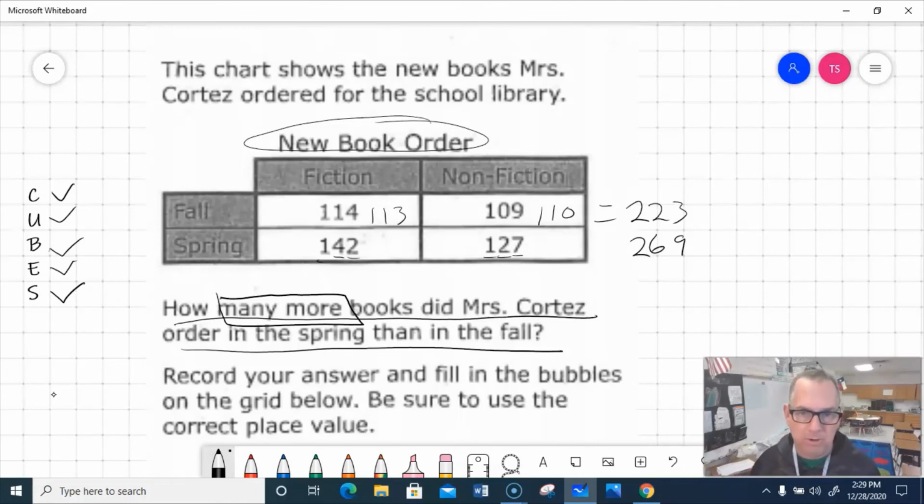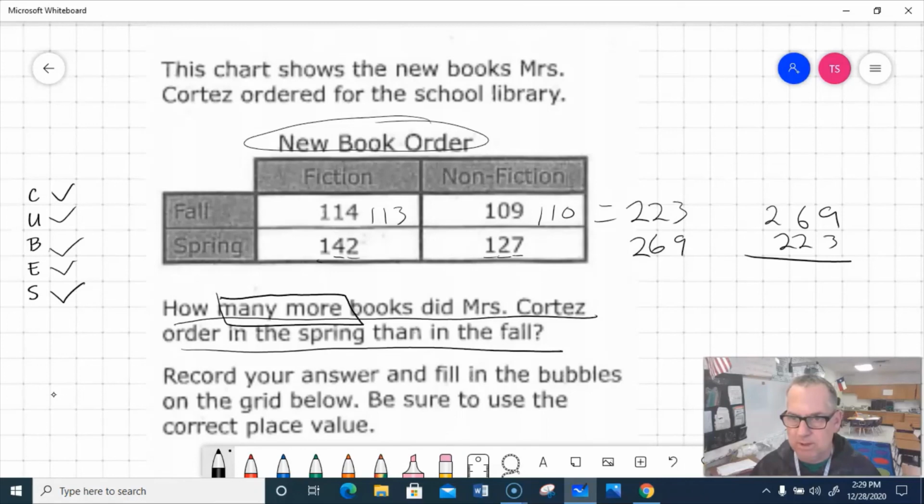So how many more books did she order in the spring than in the fall? That sounds like a subtraction problem. Yep, we'll go ahead and do a subtraction problem. So in the spring, she ordered 269 books. In the fall, she ordered 223.